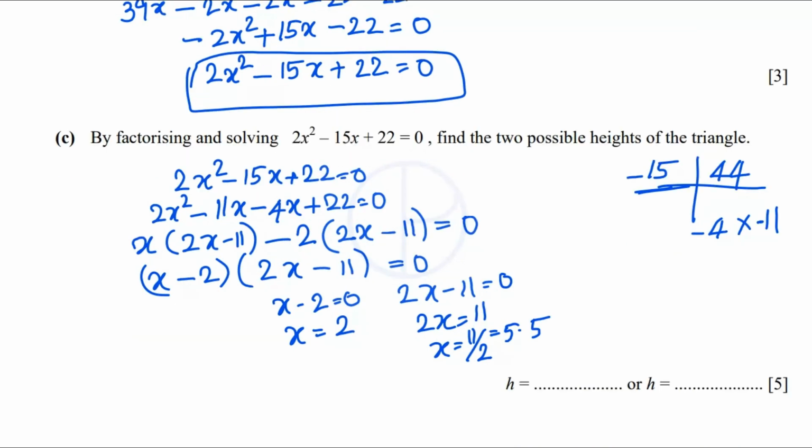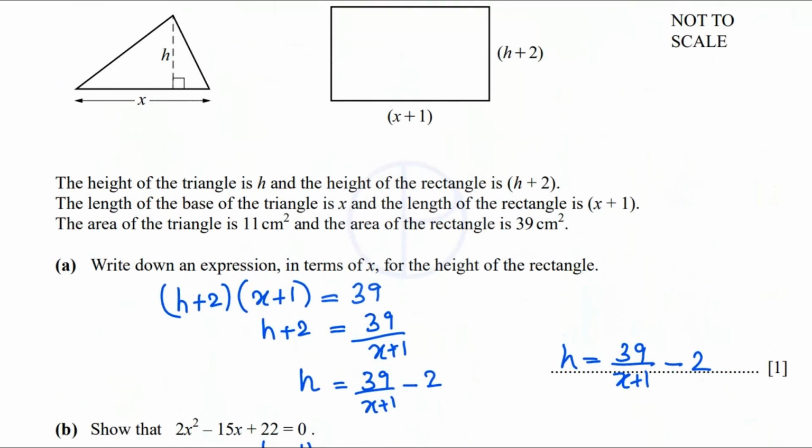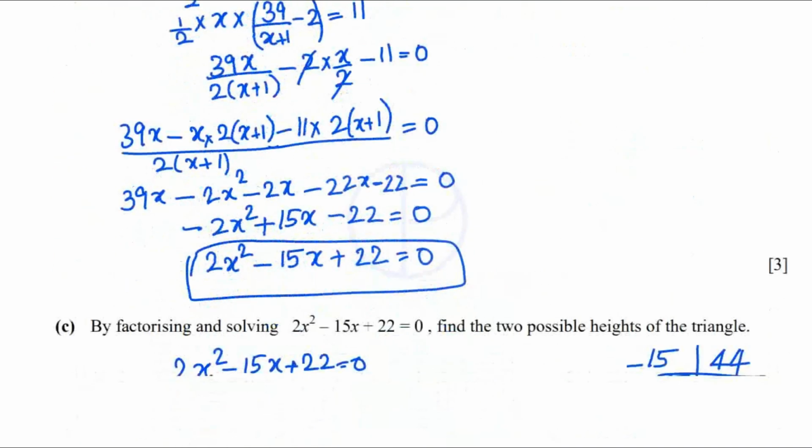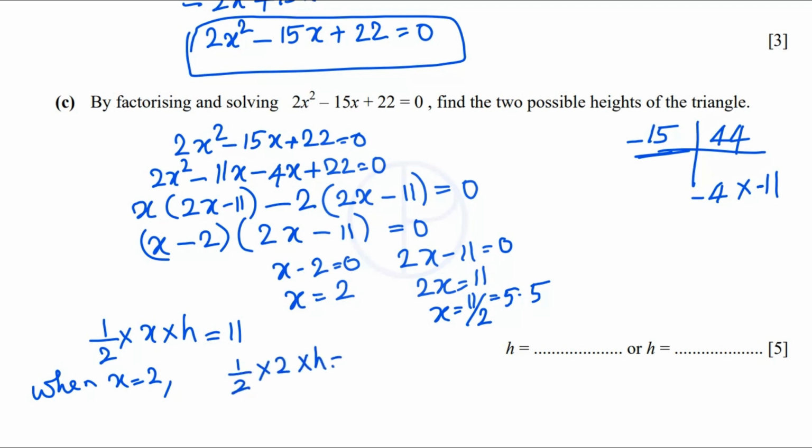So now we got the x value. We need to get the corresponding h value. Okay. For triangle, the area is half multiplied by x multiplied by h equal to 11. Okay. So when x is 2, half multiplied by 2 multiplied by h is 11.